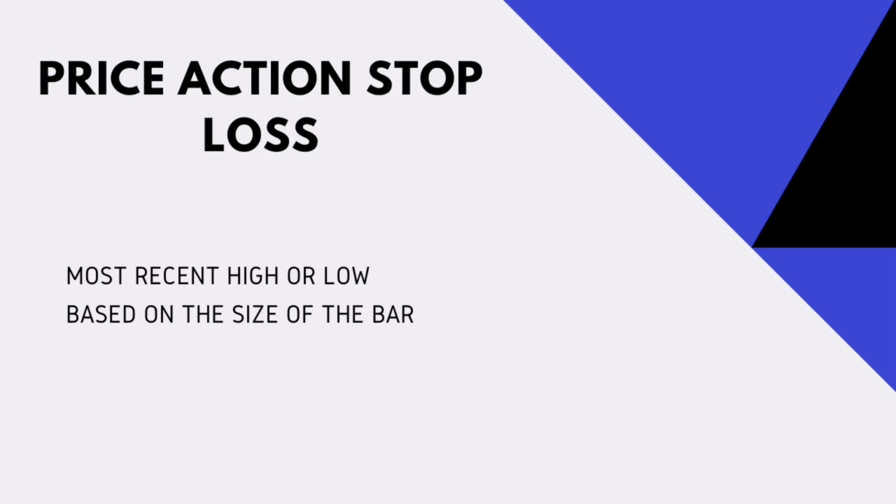The other type of stop loss is based on price action or market structure. So if, let's say, the stock or Forex pair that you're looking at is in an uptrend and you want to buy into this uptrend, you will be placing a stop loss order below the recent low.